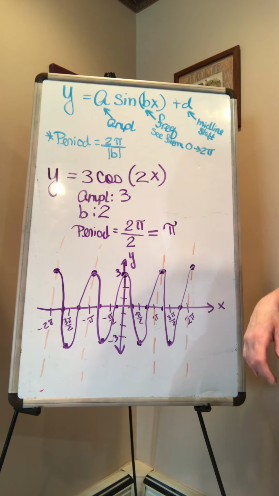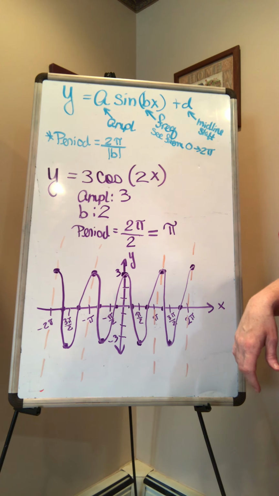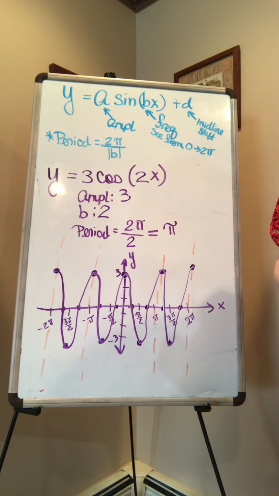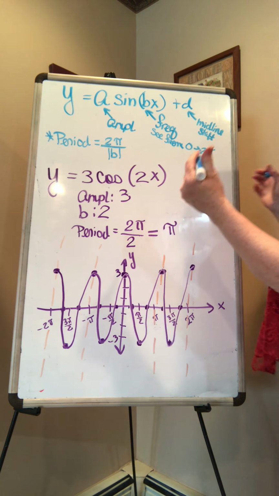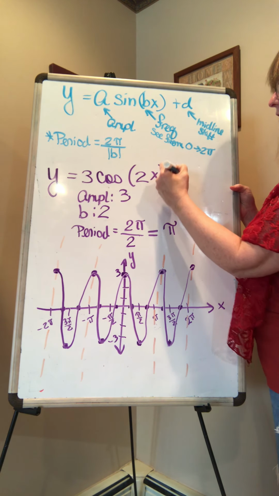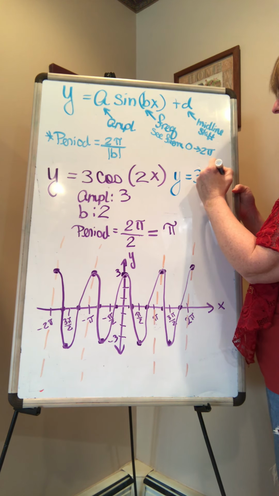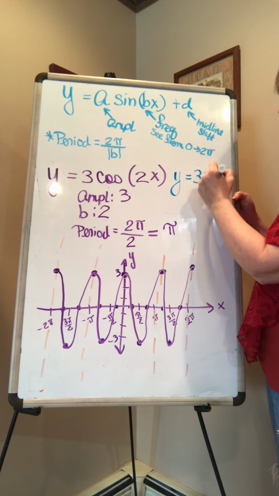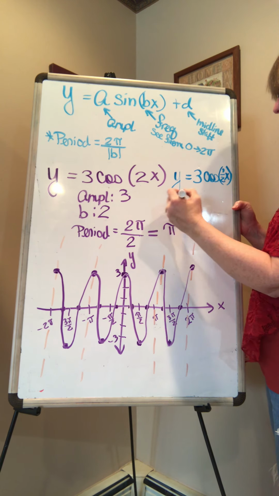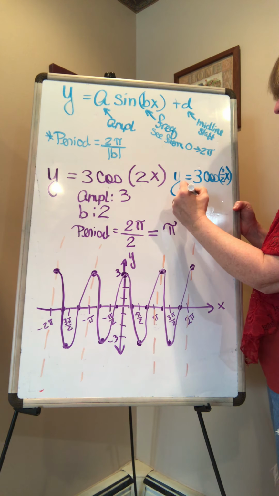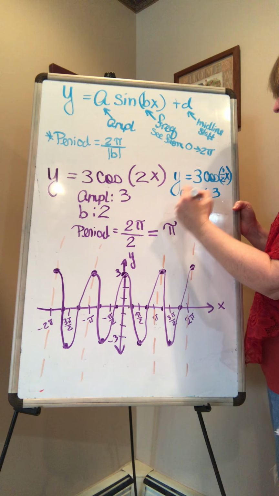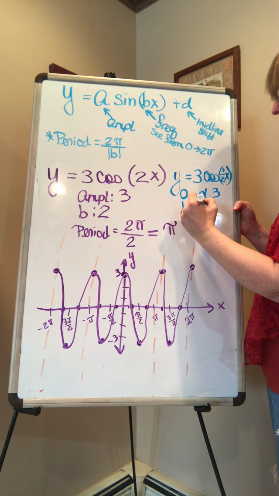And if we just take a look at the next one, it now changed it to 3 cosine of 1/2 x. So this next one says y equals 3 cosine of 1/2 x. Well, this has the same amplitude, but now the frequency is 1/2.